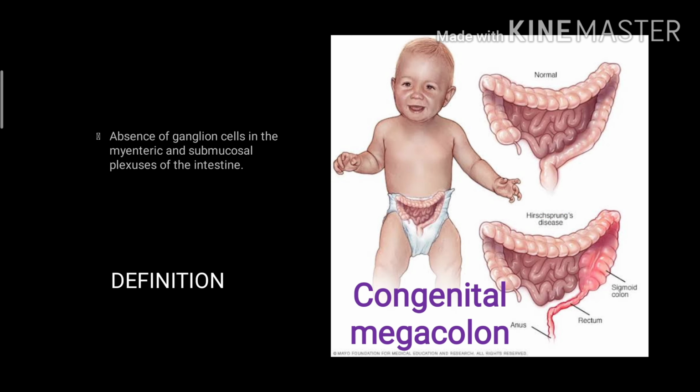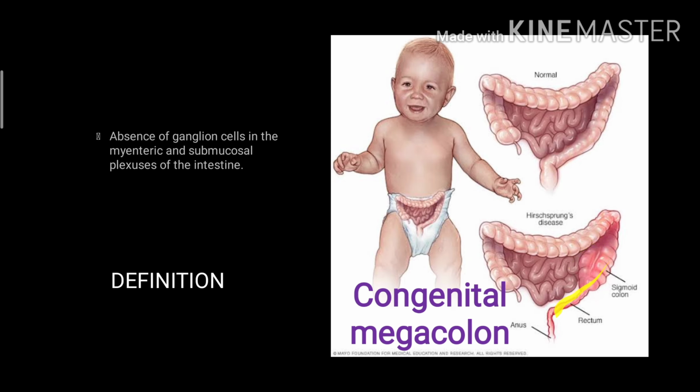Now, what is Hirschsprung's disease or congenital megacolon? It is the absence of ganglion cells in the myenteric and submucosal plexus of the intestine. So we can see the absent ganglion part. This part which is contracted is the part where there are absent ganglionic cells, and this dilated colon is the normal colon.